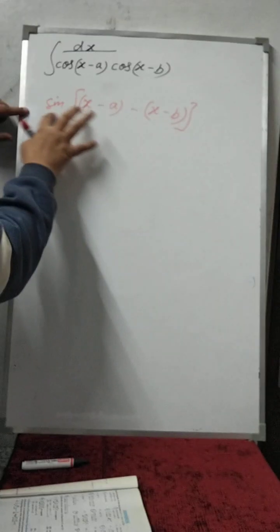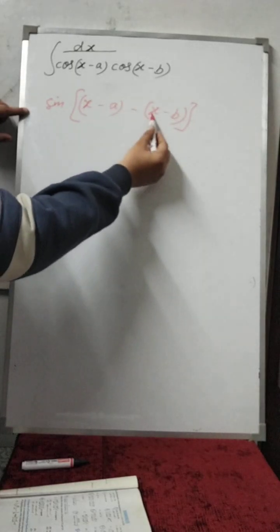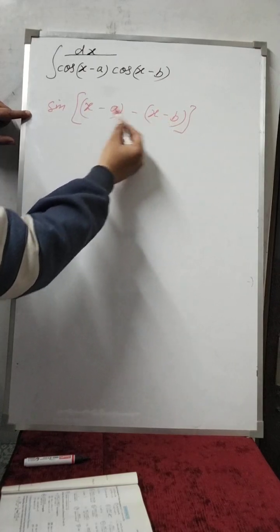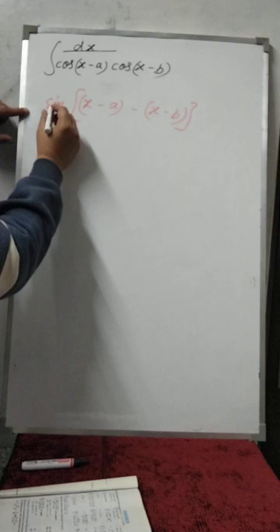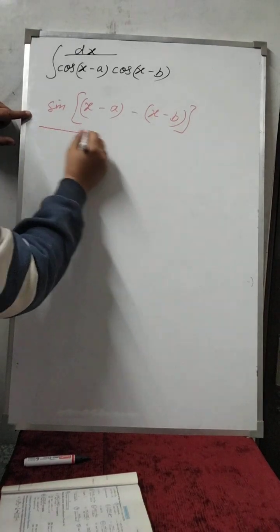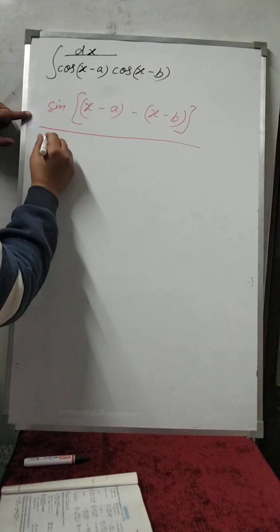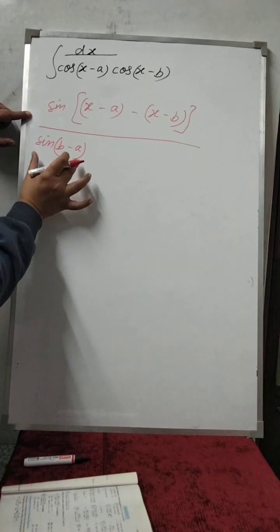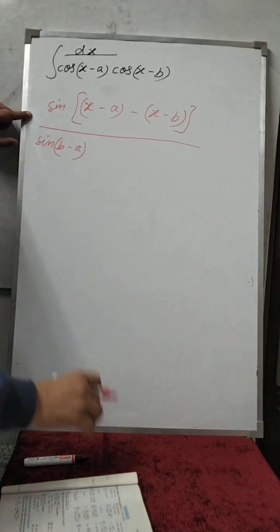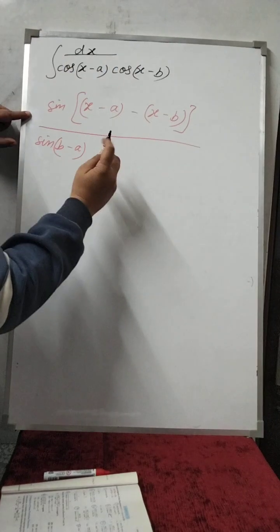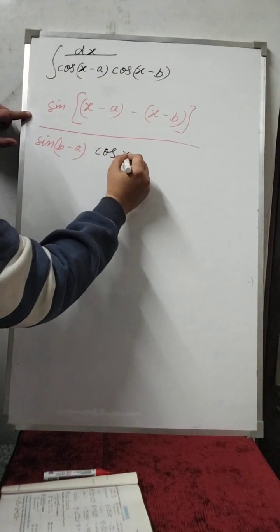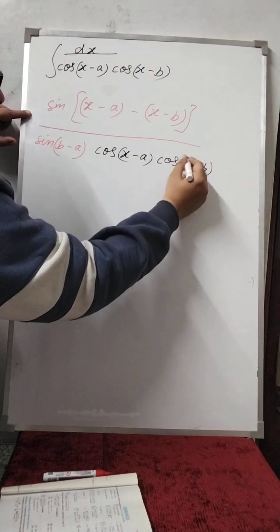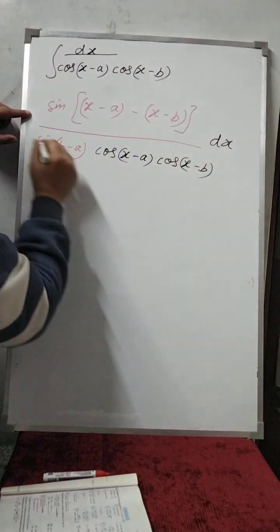So x and x will get cancelled and in the numerator minus will become plus. So it is sine b minus a. So I have to divide by sine b minus a because I am multiplying by sine b minus a. And this term is as it is, cos x minus a into cos x minus b.